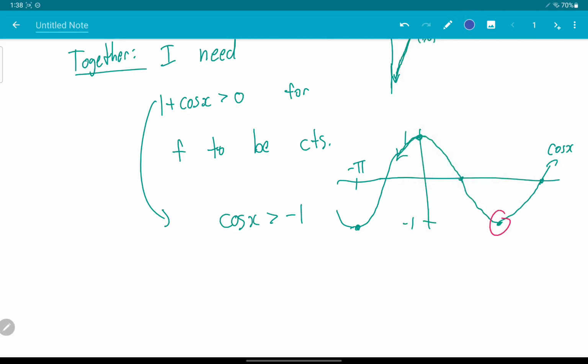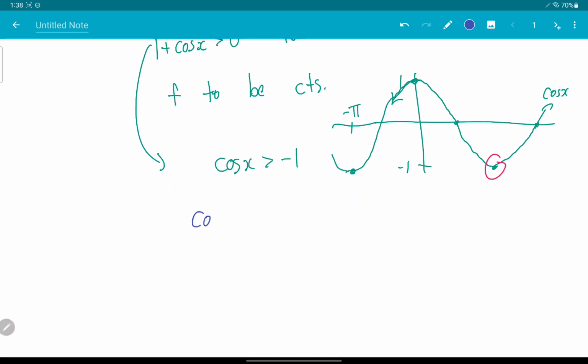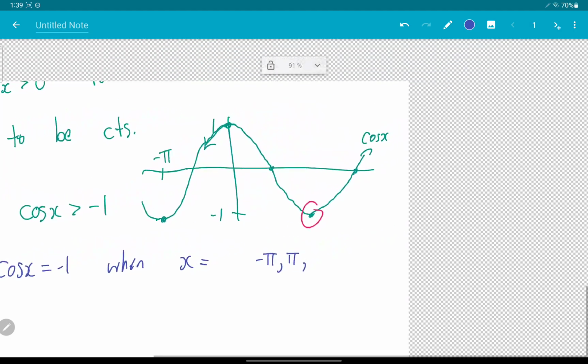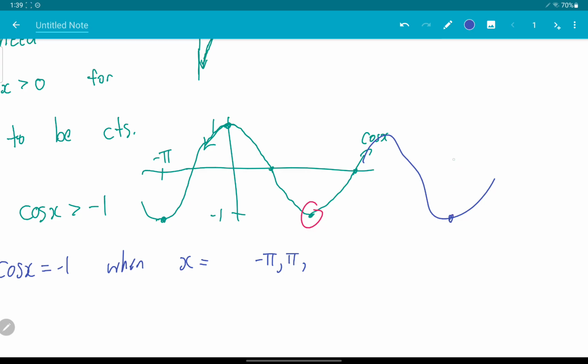So let's try to summarize that. So I'll say cos x equals -1 when x equals, well, as I said, it's going to be -pi and also pi. But then over here, you're going to hit it again, right? You're going to hit another one over here at 3 pi. This is pi.